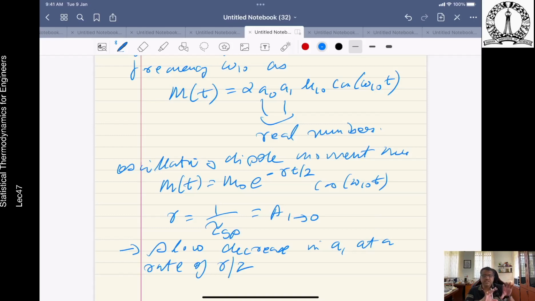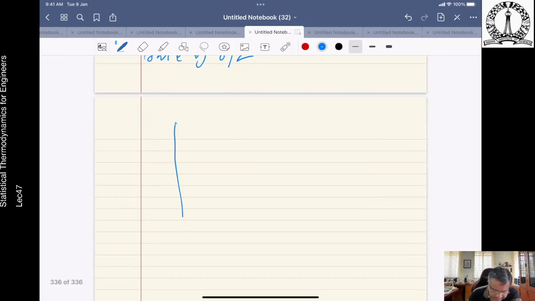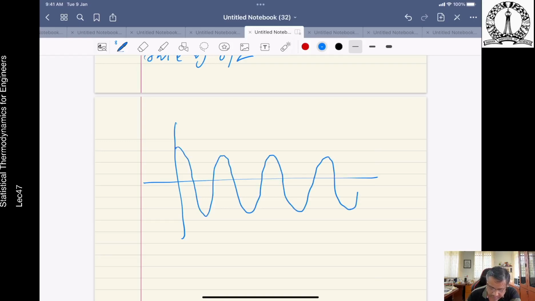It is an envelope along which it goes down, something like this, slowly coming down. This is the envelope, which is e^(-gamma t/2).